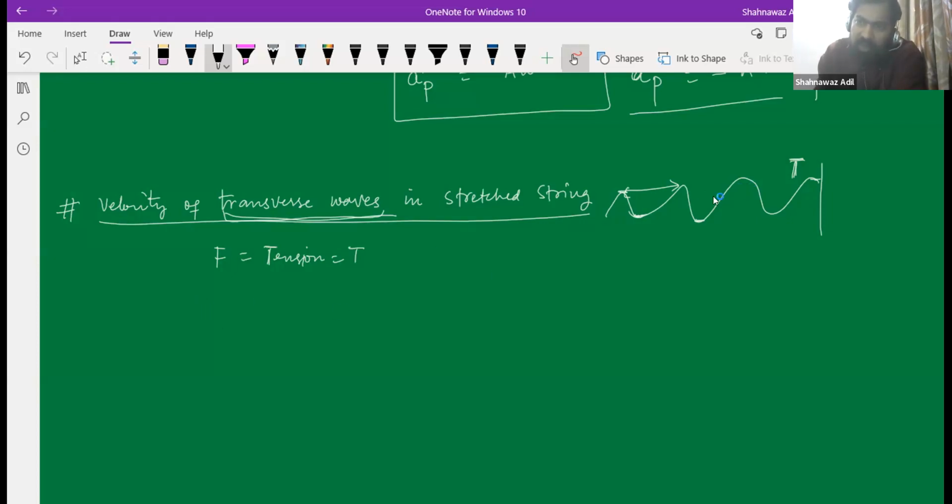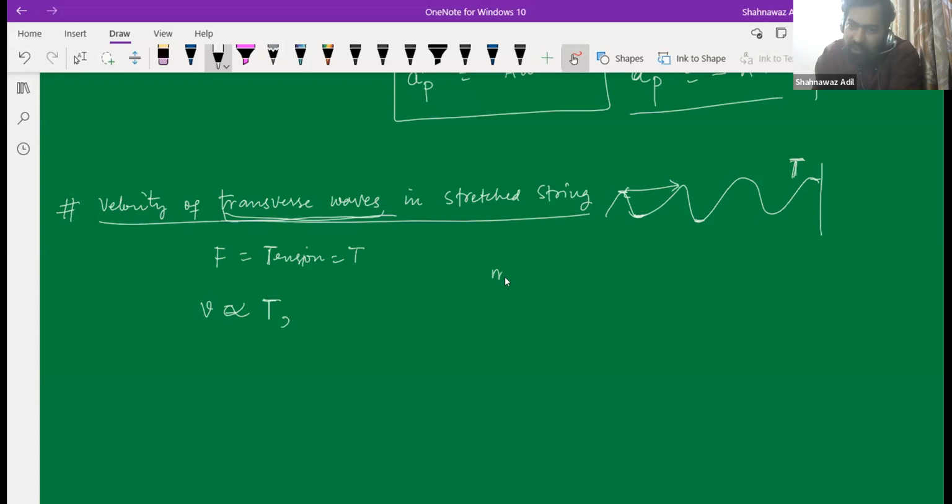So what would be the velocity of this wave? Velocity is dependent upon tension, and it is dependent upon mass per unit length.